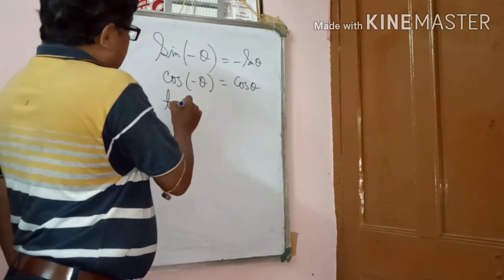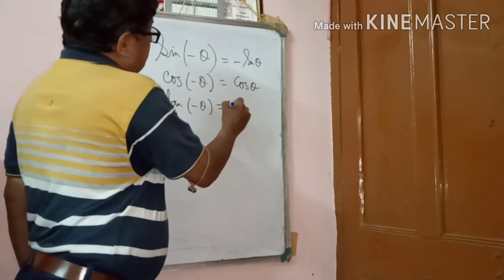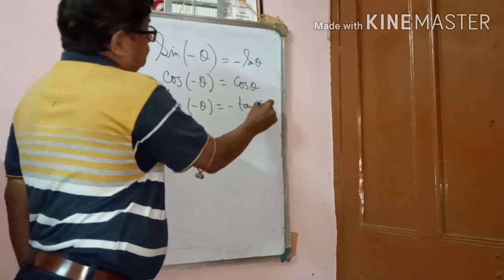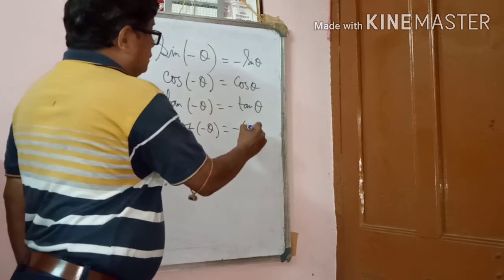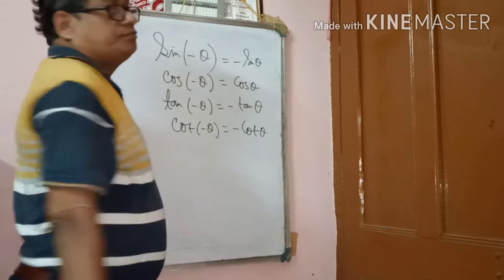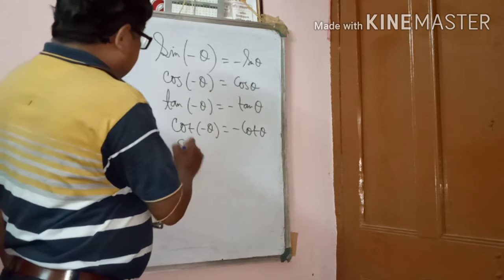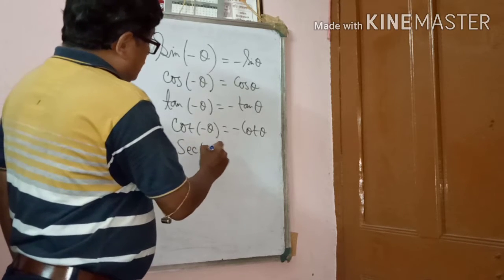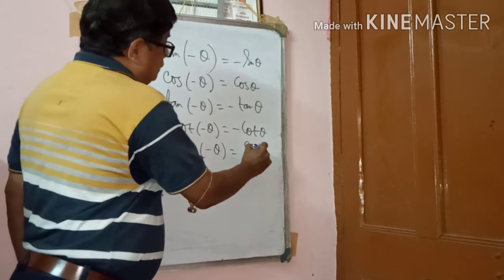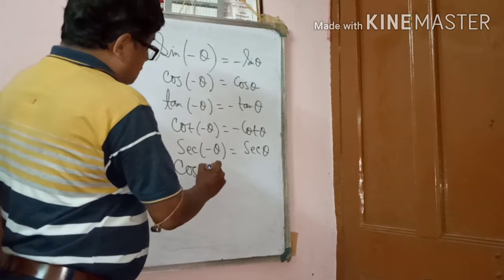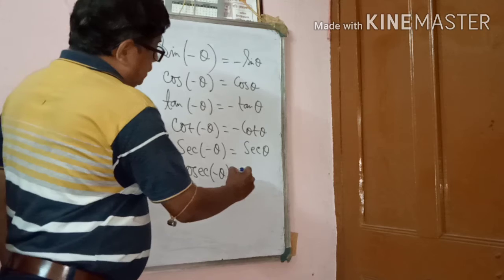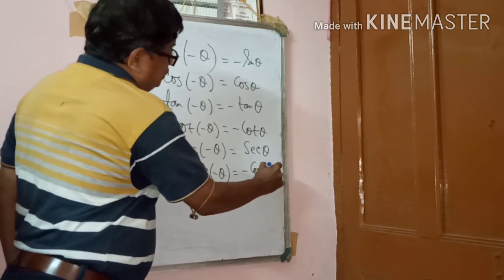Tan minus theta will be minus tan theta. Cot minus theta will be minus cot theta. Sec minus theta equals sec theta. And cosec minus theta will be minus cosec theta.